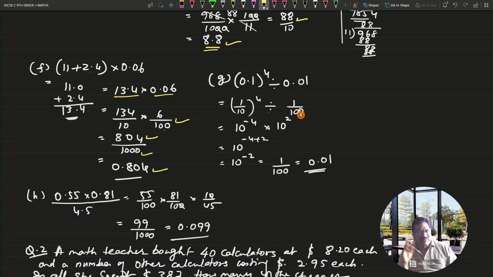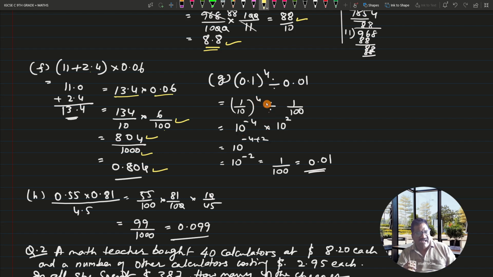What I'm trying to put into your mind is that wherever you are involved with decimal numbers, try as far as possible to convert them into fractions, and then if you do the algebra of these numbers, you'll be in a better position. So 0.1 in fraction form is 1 upon 10, 0.01 in fraction form is 1 upon 100. And now 1 upon 10 raised to 4 will be how much? It will be 10 raised to minus 4.